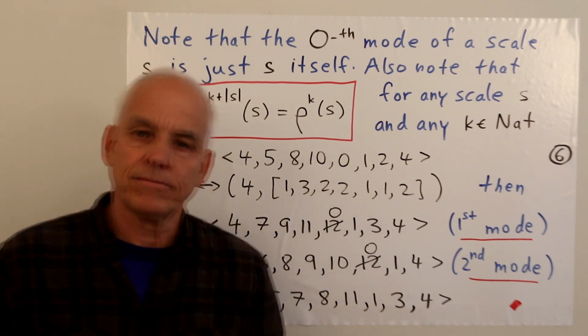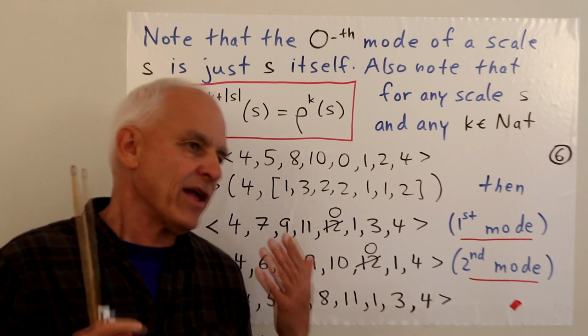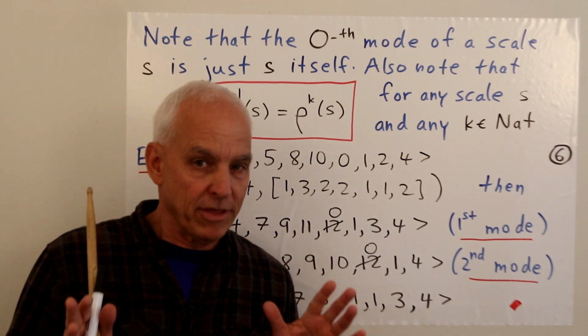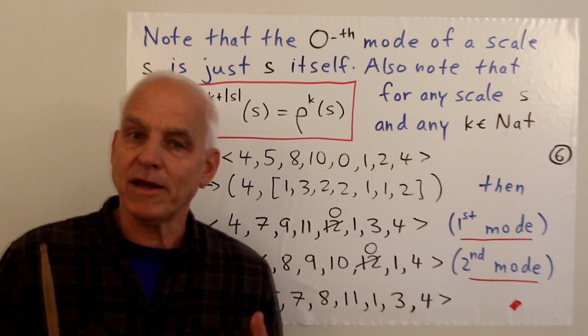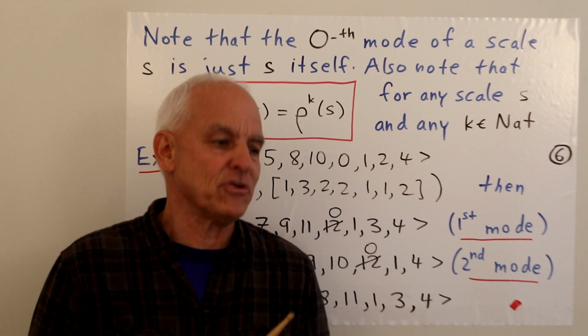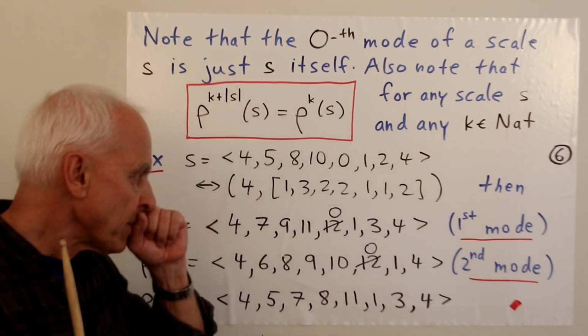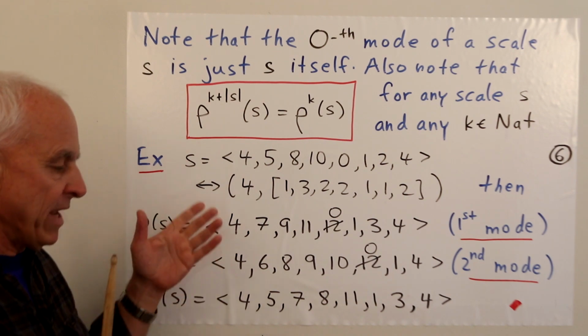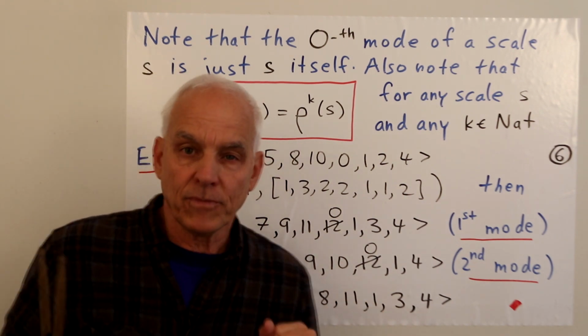Just make sure that you understand this. This is at some level quite familiar to people with a mathematical background, but I understand that some viewers might be coming from the musical direction and their mathematics might be shaky. But I want you to convince yourself that this relation of being a mode of a scale is symmetrical.